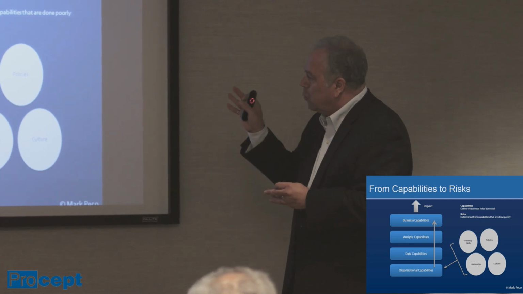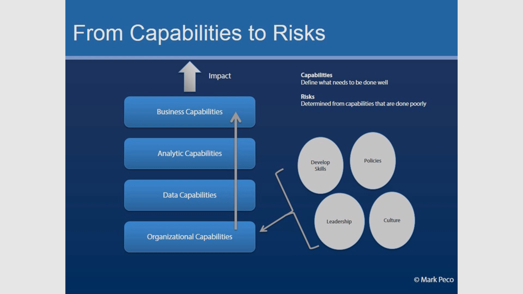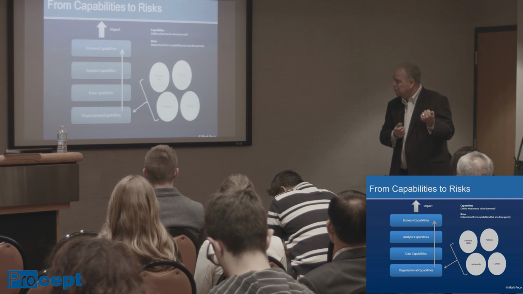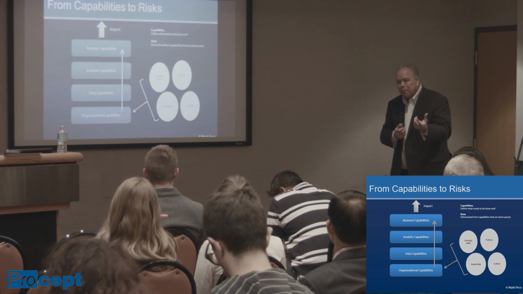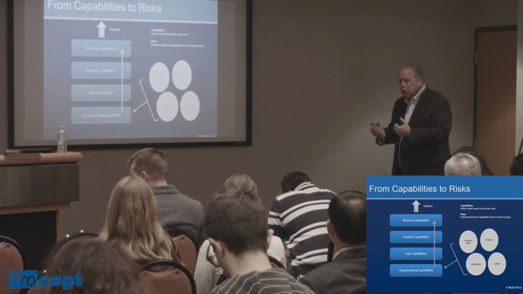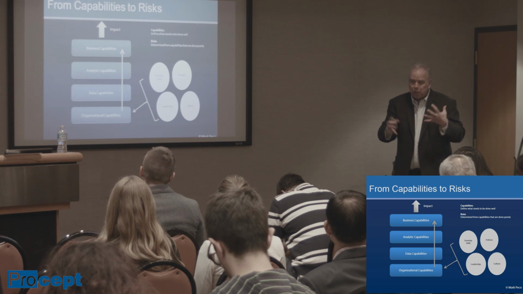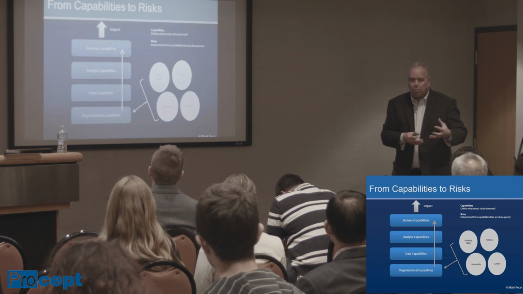So if we think of going from these capabilities, the things that really drive most things are these 4 broad areas, which are part of how we build our leadership or organizational capabilities. It's how skills are developed, it's how policies are created. Do we have the right policies? Are they reasonable policies? Our culture, in terms of how we trust and respect or not each other. So how are we willing to share and collaborate?